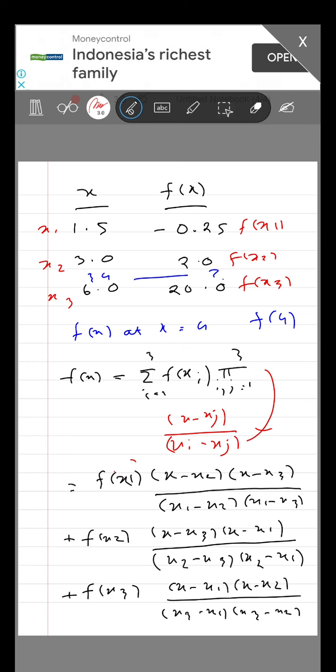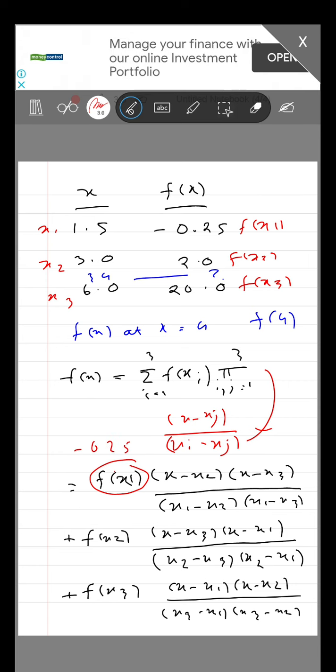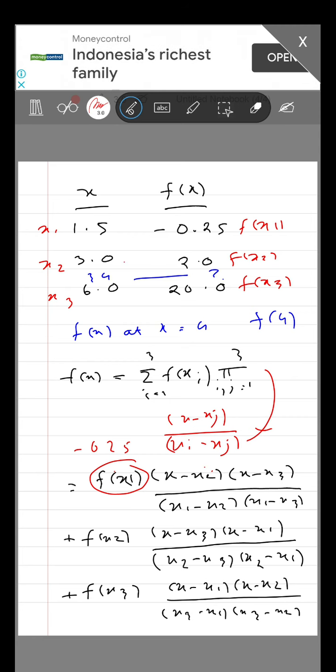For example, this value f(x1) is minus 0.25, and this x2 is 3, and this is your 6.